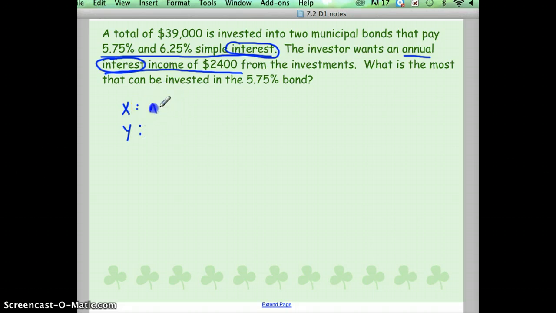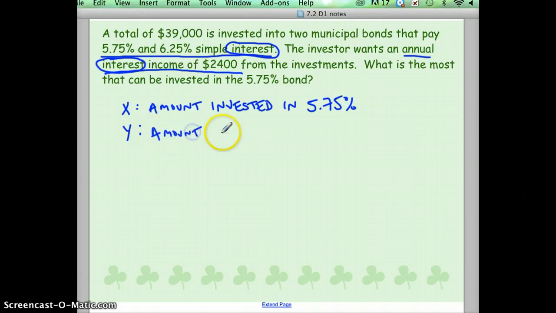So X we'll call the amount invested in the 5.75% bond, and Y will be the amount invested in the 6.25% bond. And we have to figure out how much we should invest in each bond so that we end up with an interest income of $2,400.